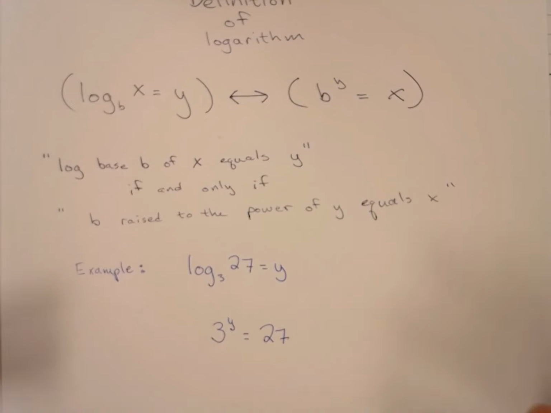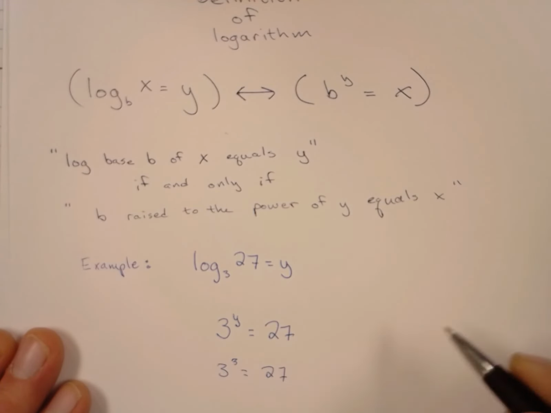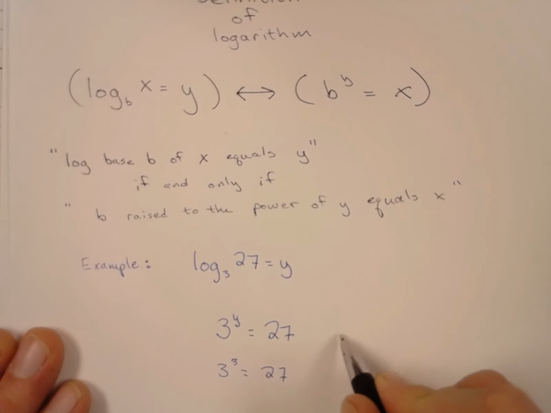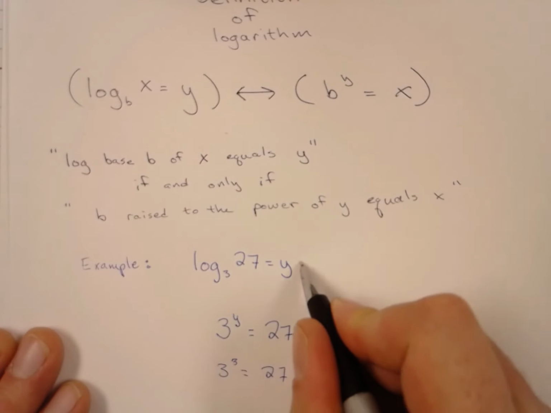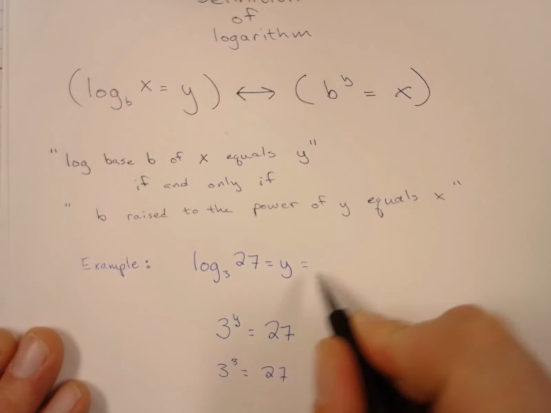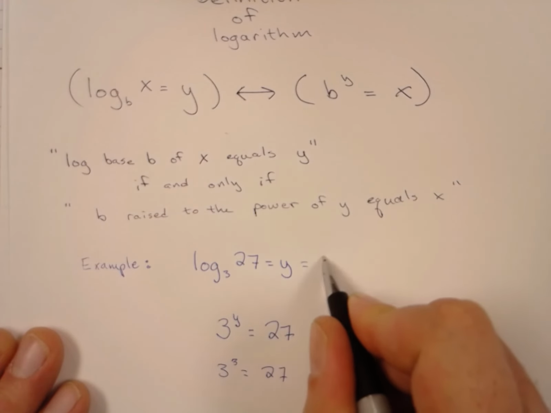Well, at least an equation you should be somewhat more familiar with. What exponent power do I raise 3 to get 27? Since 3 cubed is equal to 27, then y equals 3. So log base 3 of 27 equals 3.